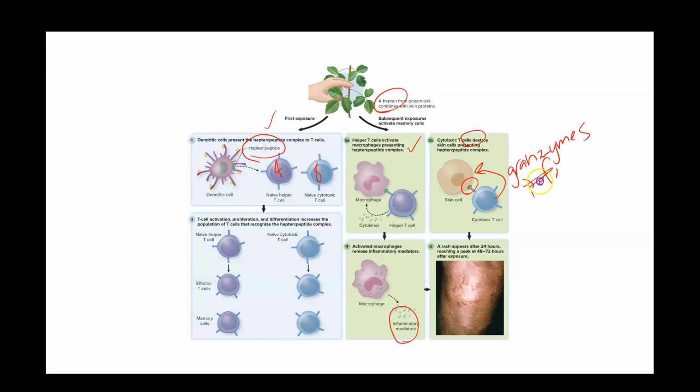They directly kill the cell. And that's why it takes a little bit of time for this hypersensitivity to present itself, because it's all through our adaptive immune response. Remember, our T cells, cytotoxic T cells, and our helper T cells are adaptive immune system participants.